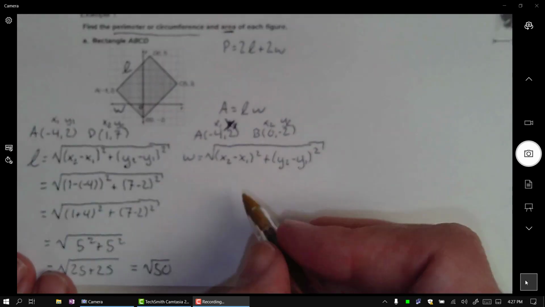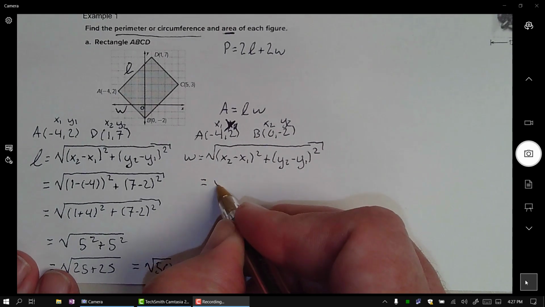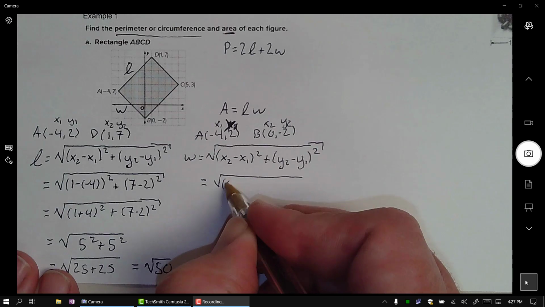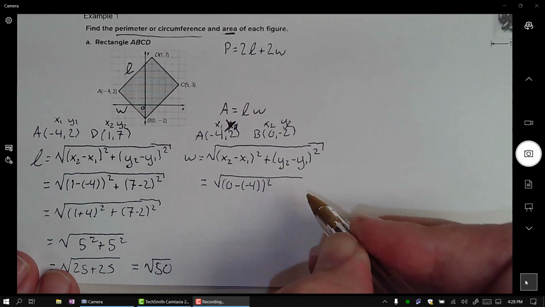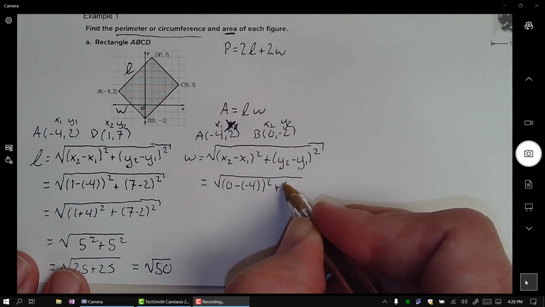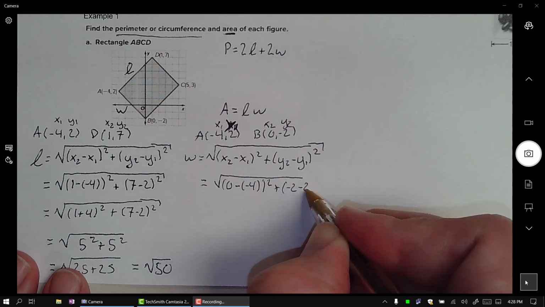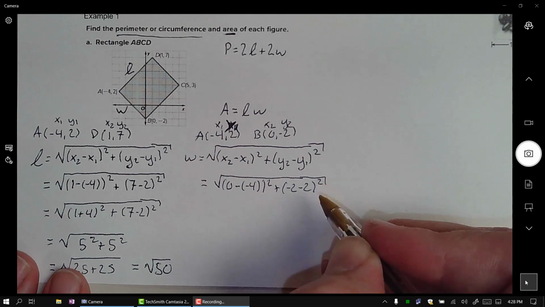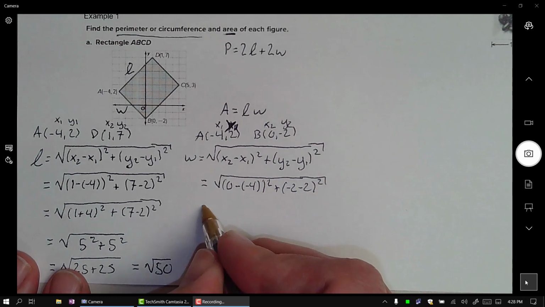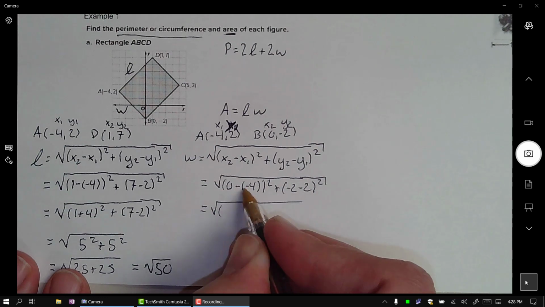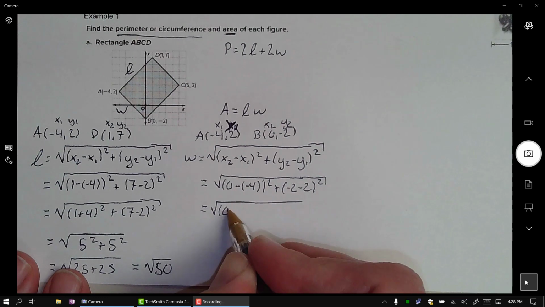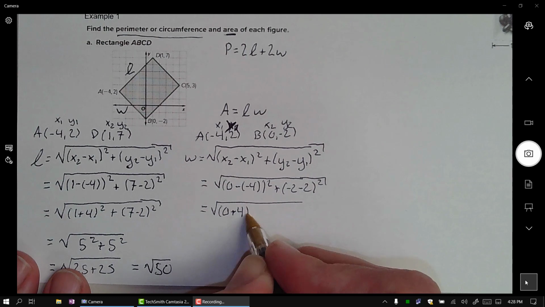So when I substitute in the values, I'm going to get x2 is 0 minus -4 squared plus -2 minus 2 squared. Double negative turns into a positive, so this turns into a plus. So this is 0 plus 4 squared.